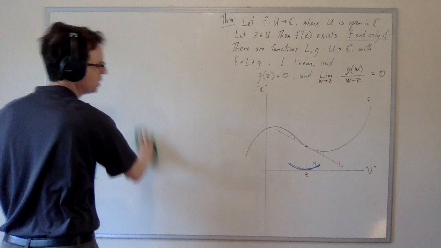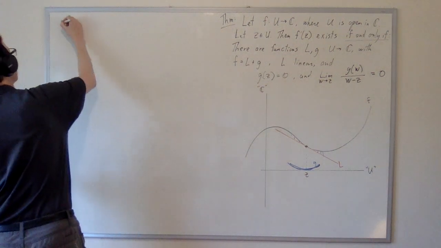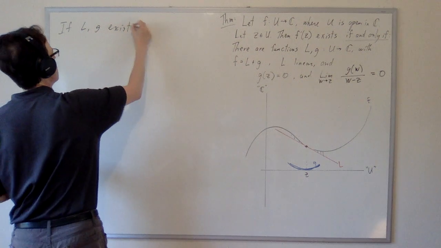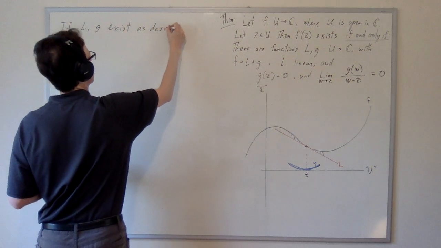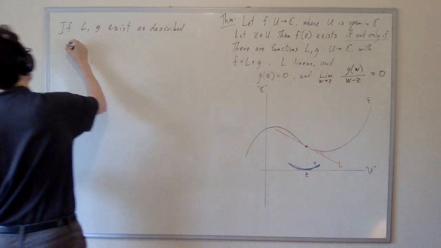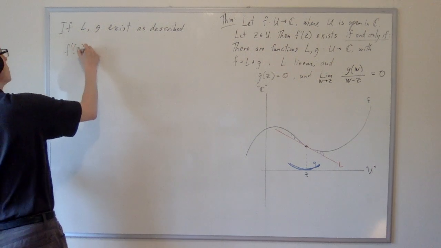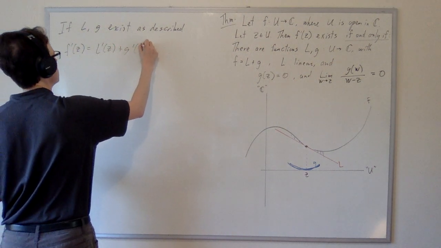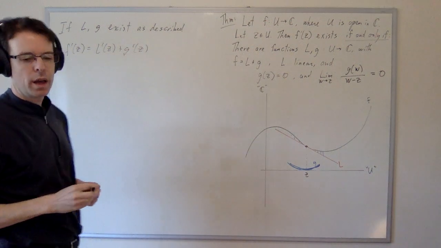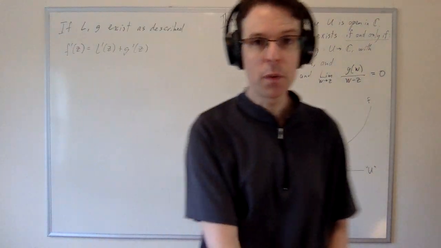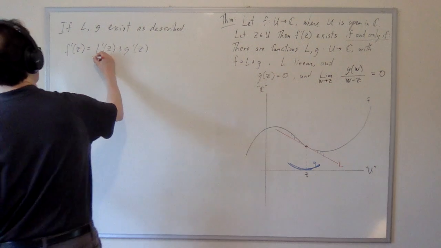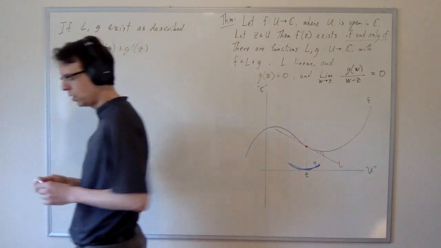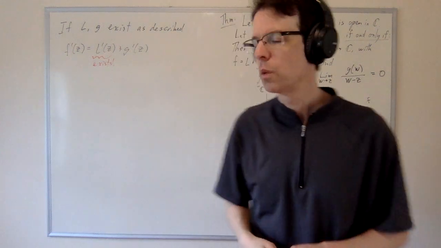And that's really easy. If L and G exist as described, then f prime of z is going to be L prime of z plus G prime of z. Now, L prime of z definitely exists. Why? Because L is a linear function, and a linear function always has a defined derivative.